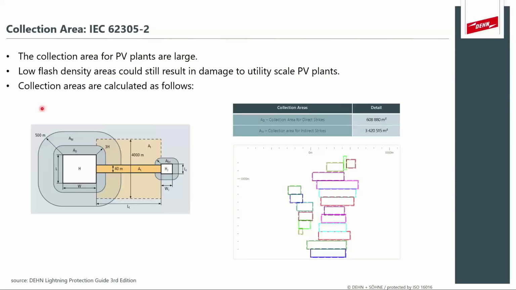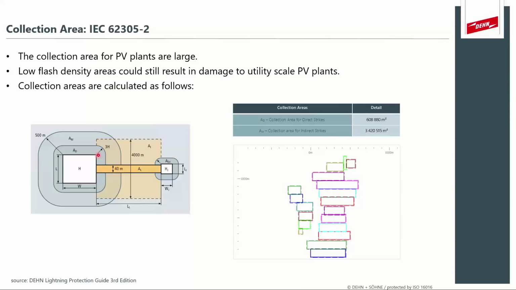We calculate the area for direct lightning strikes, and this is called AD, the collection area for direct lightning strikes. We take 3 times the height of the PV plant or the structure that we try to protect, and we draw a radius of that value around the PV plant. That's the area in which we can have direct lightning strikes.